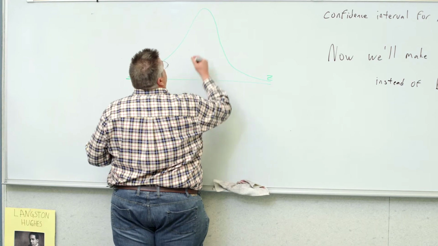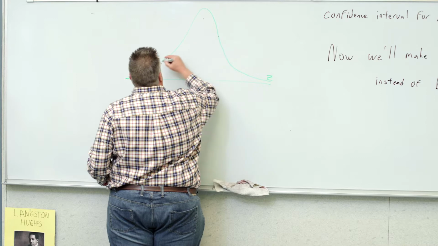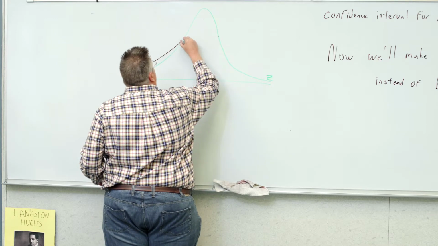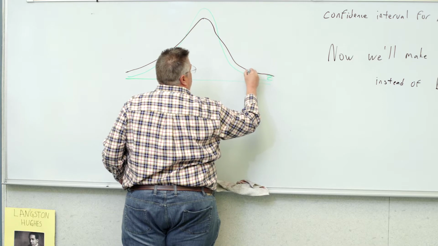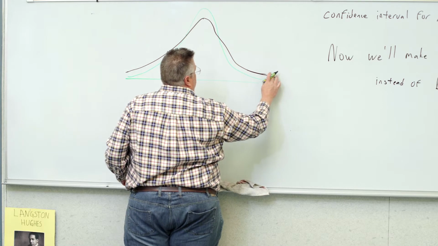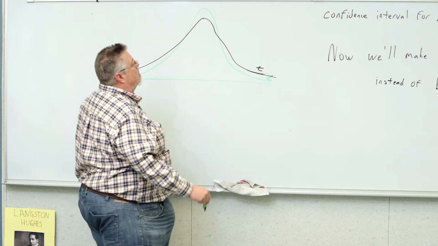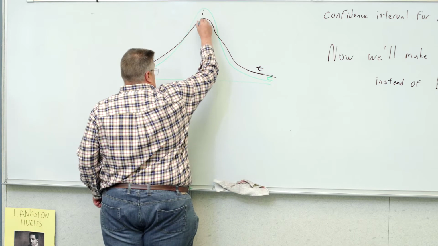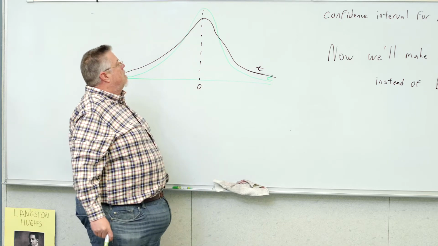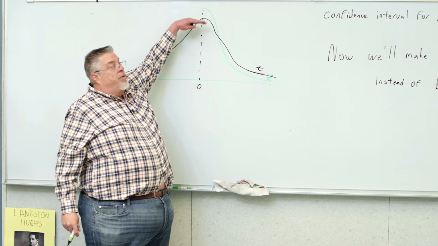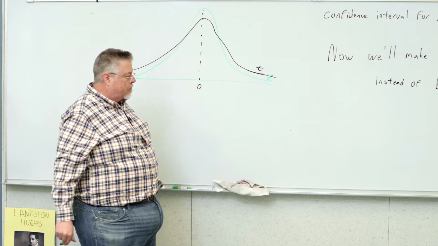What a t distribution is going to look like is it's going to be a little bit flatter, flattening the curve, a popular phrase these days, but it's still going to be symmetric. It's still going to be centered at 0, but now I'm a little bit lower in the middle and a little bit higher in the tails.